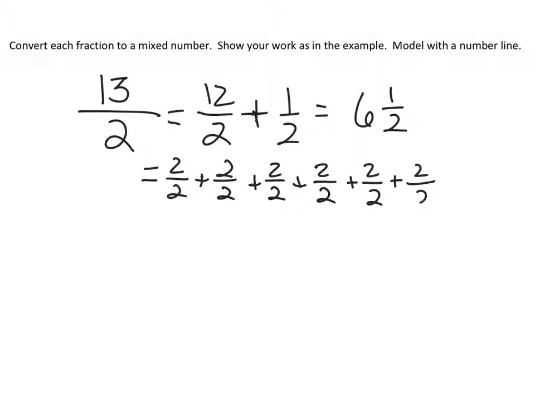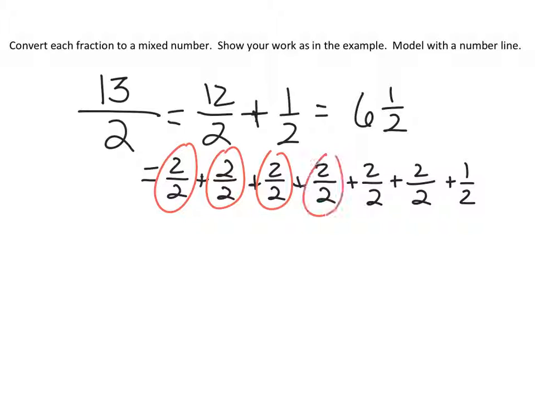And we wrote another one, that would give us 12 halves. And we can't add another one because that would give us 14 halves. So we're left with just 1 half. Now if we see, we've got 1, 2, 3, 4, 5, 6 groups of 2 halves. And then we're left with 1 half because we couldn't really make another whole, because then we need another half.